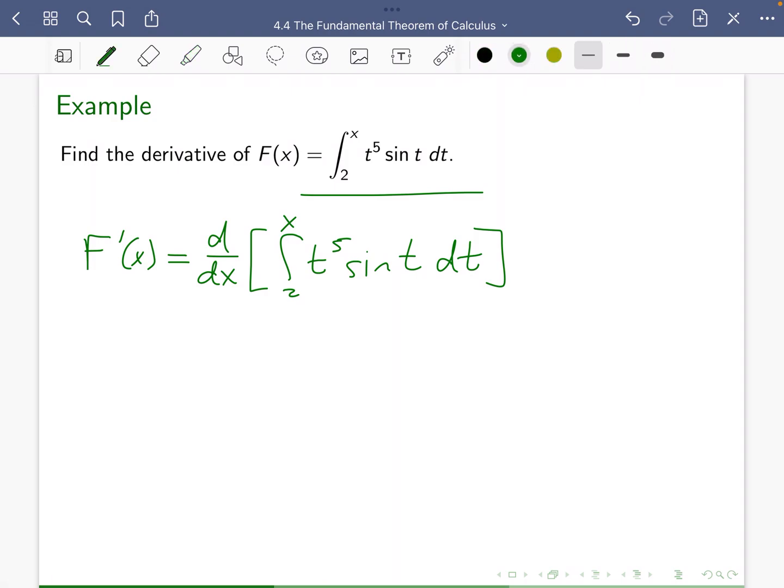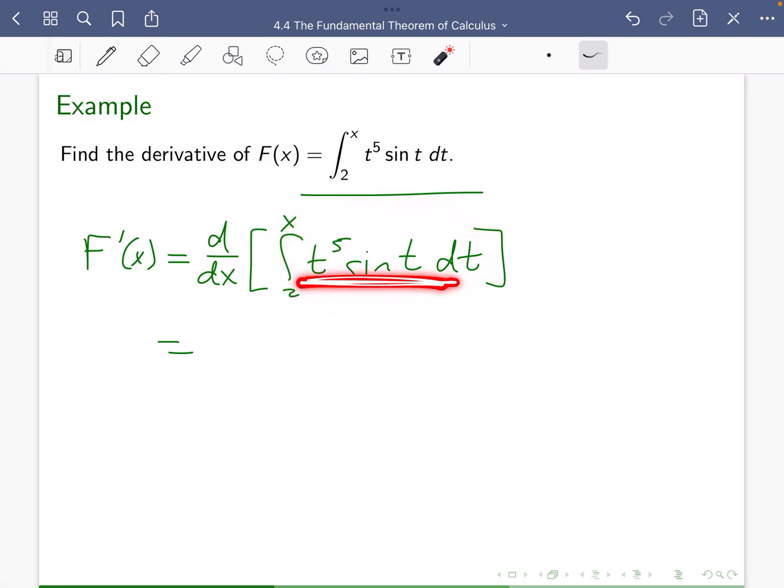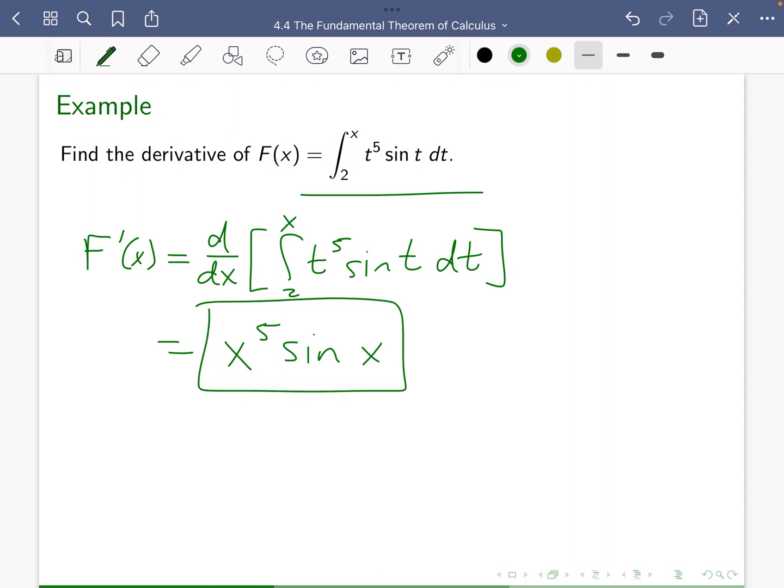That seems pretty difficult, right? Because we would say, what is an antiderivative of this? And we don't have the tools to find an antiderivative of this yet. But it turns out, since we're going to undo taking that antiderivative, it doesn't actually matter. We're going to end up with x to the 5th sine x. That's going to be our answer.